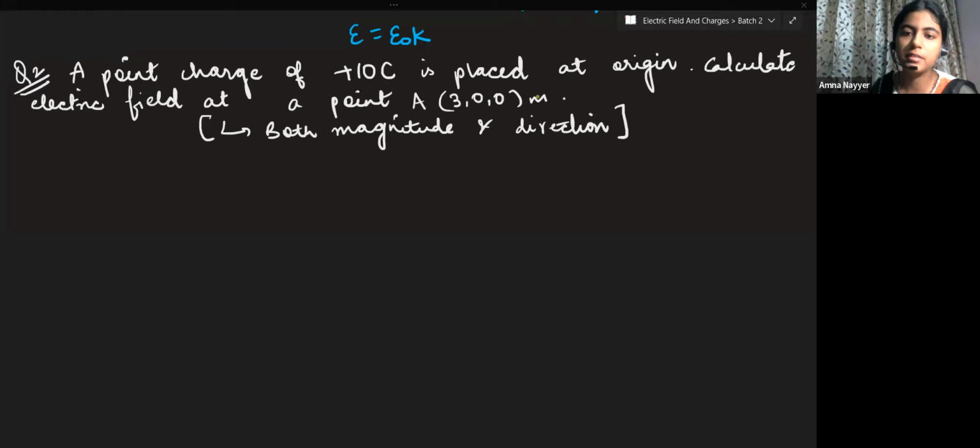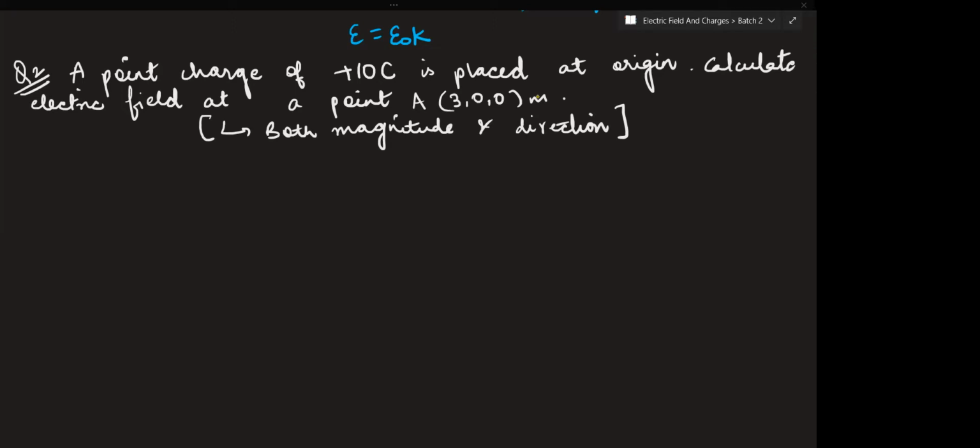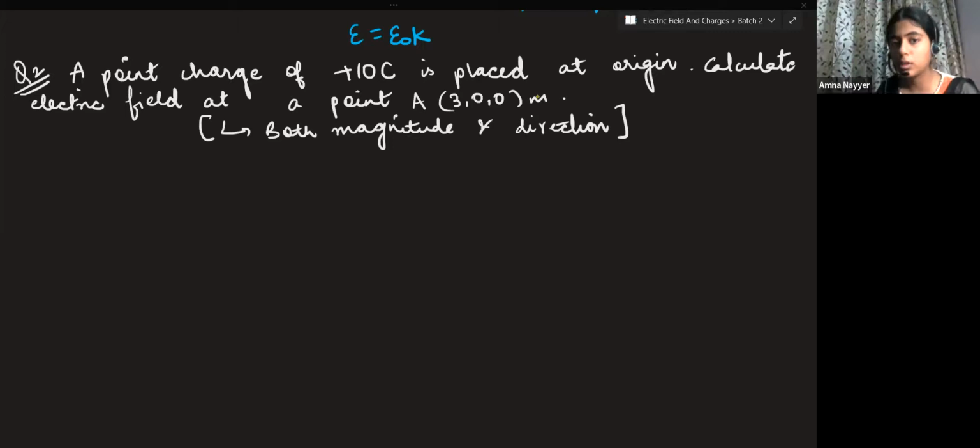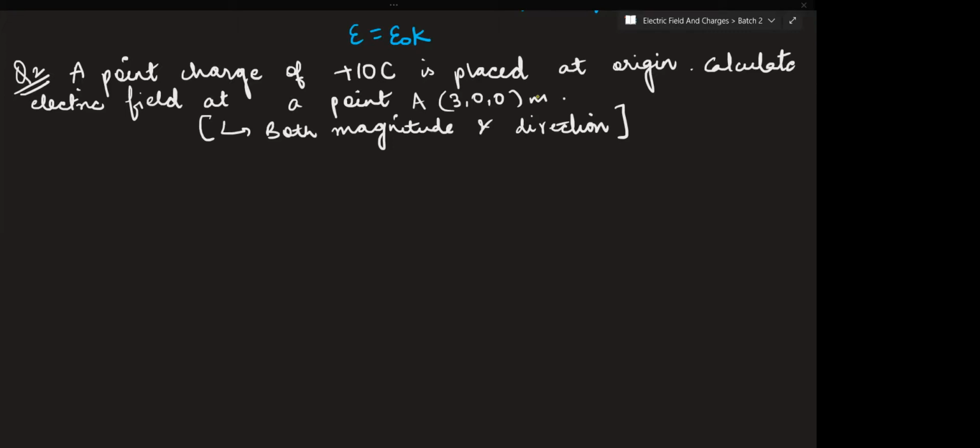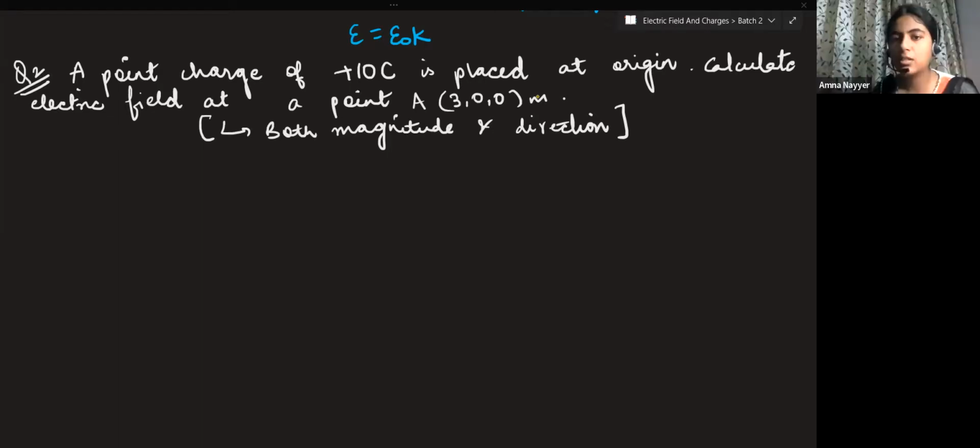Yes, first answer has been submitted by Akifa and it's absolutely correct. Rest of you also tried. It's a very easy question. You know how to take the direction for a positive charge. You have charge as plus 10. You know the separation between the point and the charge that is given to you in coordinate form.